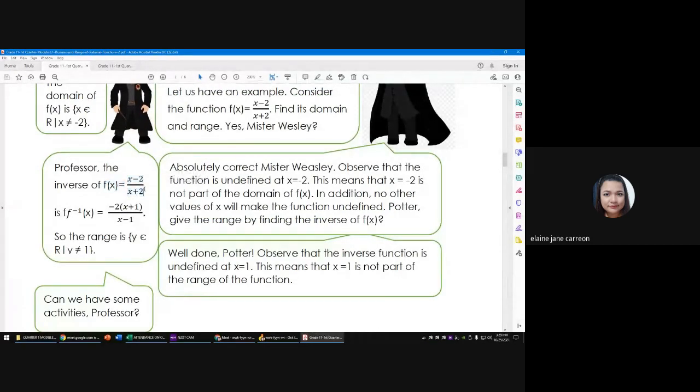We're going to preempt the lesson on the inverse function of a one-to-one function. Remember that a function has an inverse if and only if it is a one-to-one function. Here they discussed how to get the inverse of f of x equals x minus 2 over x plus 2.